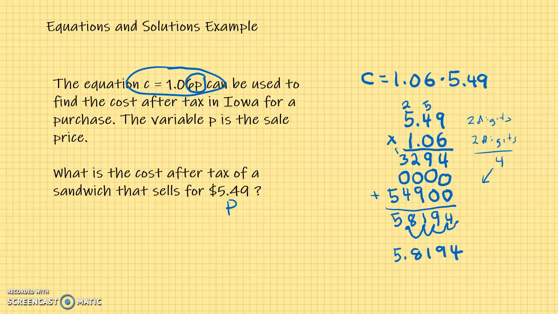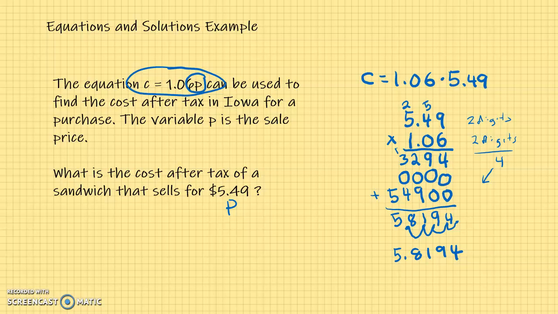Now let's go back to the problem and see if our answer makes sense. We have 5.8194, and we want to know what is the cost after tax of a sandwich that sells for $5.49. Well, obviously that's not going to be a cost, is it? There's just too many digits to the right of the decimal place. We just want dollars and cents, so that's going to be to 2 decimal places. So we are going to round, and the way you do that is we're going to round to the hundredths, which is to the nearest penny.